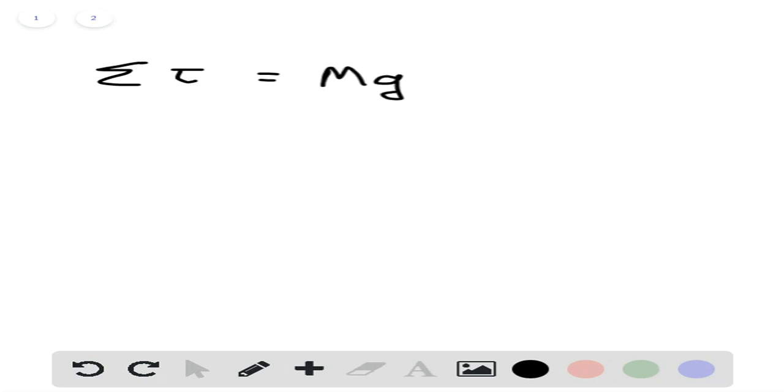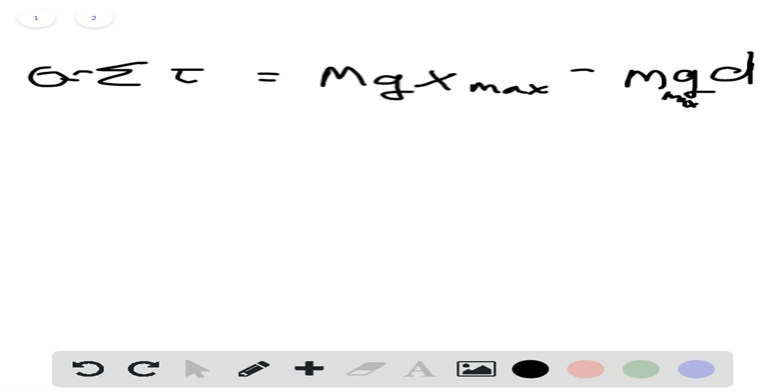We have the counterweight force multiplied by the counterweight max distance, because we're talking about full distance now, minus the force of the original weight times the distance it's at, and that is all equal to 0. With that being the case, we know everything except for little m max.